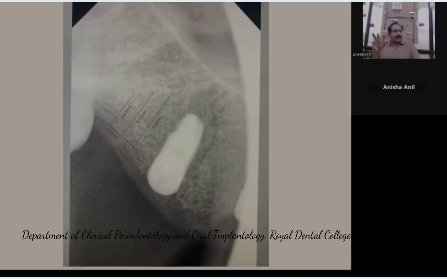If in this process, by any chance, your distal socket area comes too close to your implant site, then graft the extraction socket as well.